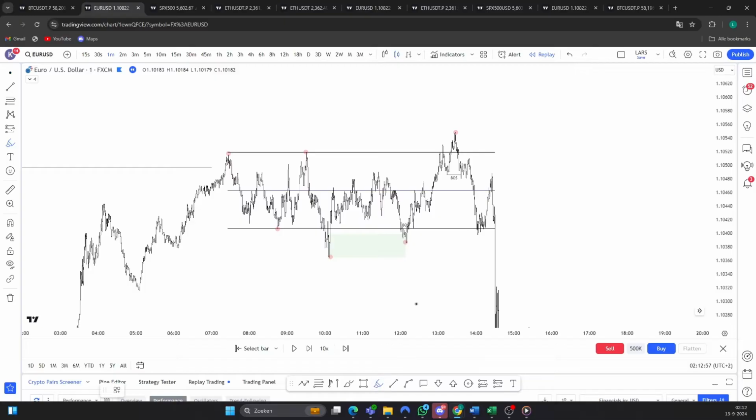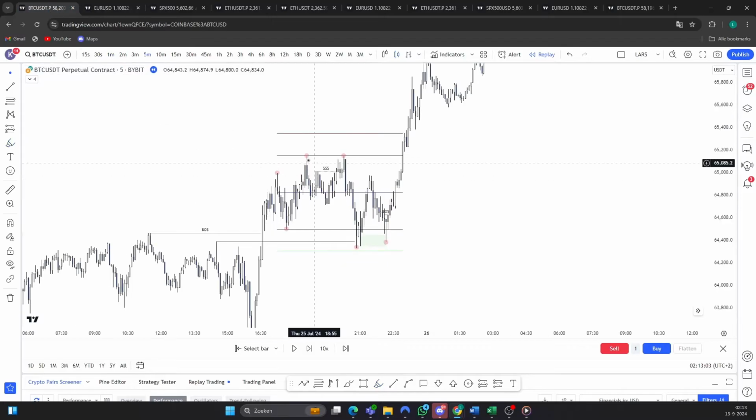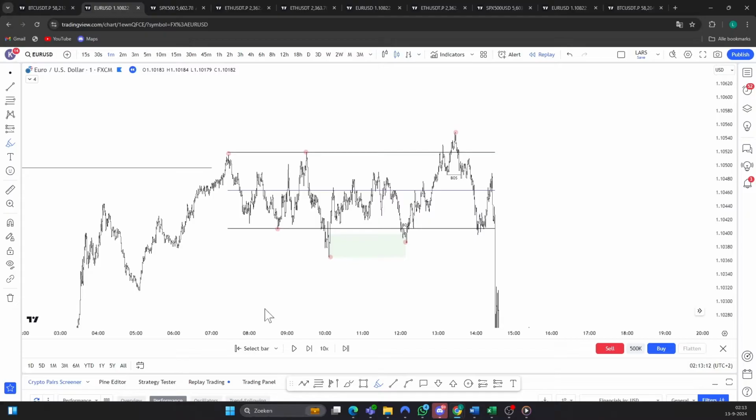So prior to confirming the accumulation, you already had a deviation of the highs as well. You didn't have that here. Right here, when you confirmed that distribution, you didn't have the deviation at the lows yet.